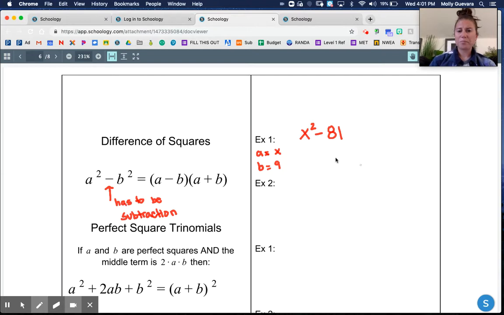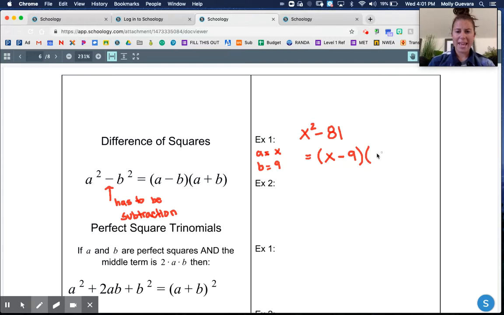Once I have the square roots, I'm just going to follow this pattern. I'm going to open a parenthesis, and my a in this problem is x, then minus, and then my b in this case is 9. Close it. Then I'm going to open another parenthesis.